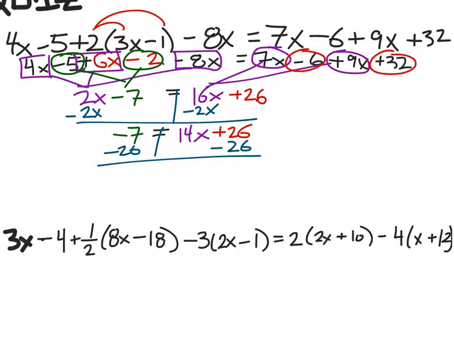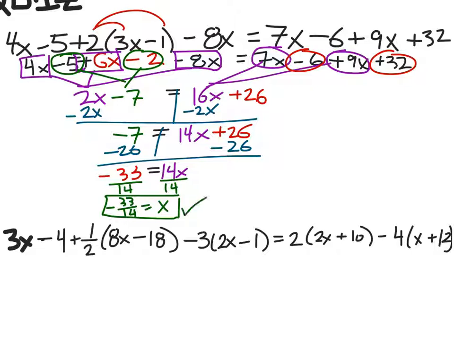And that gives me negative 33 equals 14x. To solve these, I would divide both sides by 14, and I end up with x equals negative 33/14. No decimals will work, because this is a very ugly decimal. So the improper fraction is all it'll take.